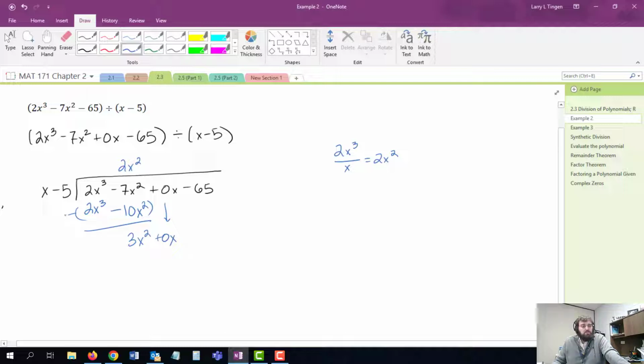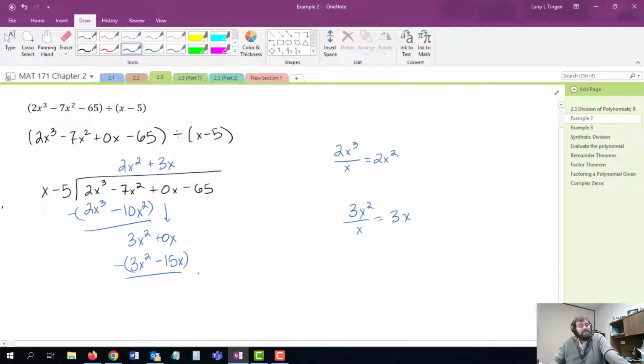And rinse and repeat. 3x squared divided by x is 3x. 3x times x is 3x squared. 3x times negative 5 is negative 15x. Subtract. 3x squared minus 3x squared is 0. We knew that was going to happen.